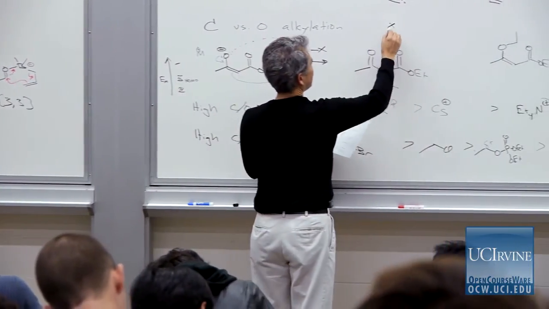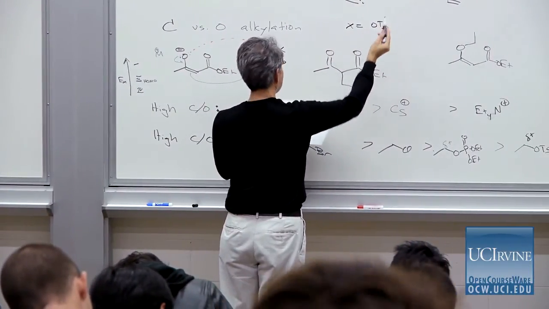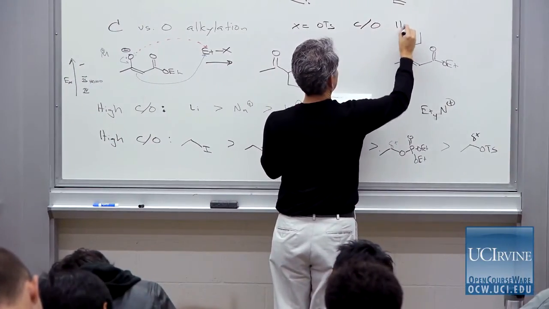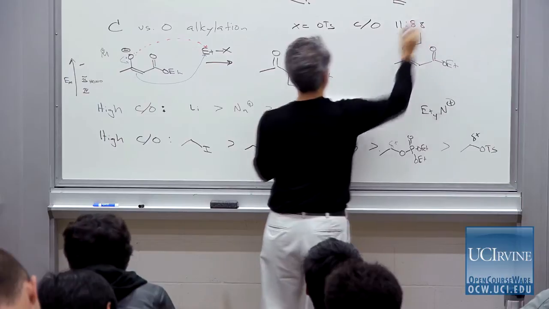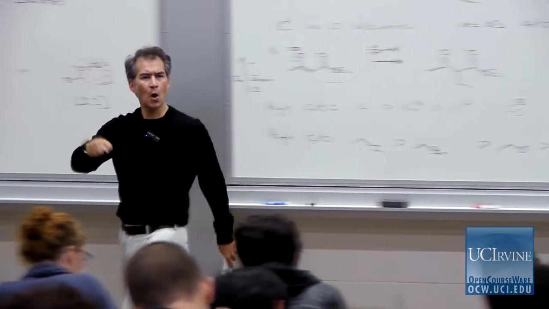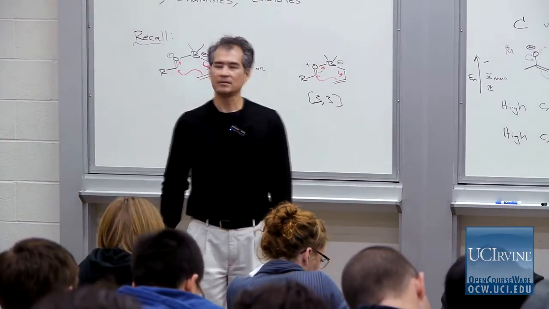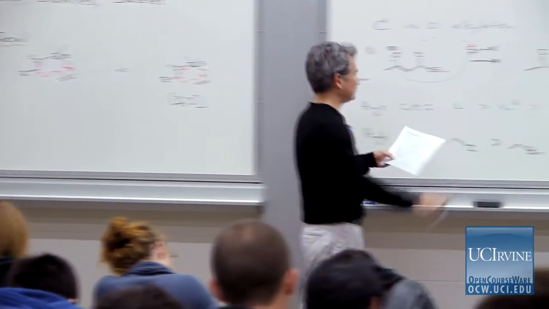So I've got a set of numbers here to put things into perspective. When X is equal to tosylate, ethyl tosylate, you get a C to O ratio of 11 to 88. In other words, you get more O alkylation than C alkylation with ethyl tosylate, because it's mainly driven by charge.